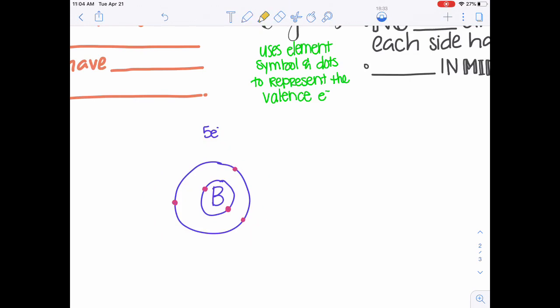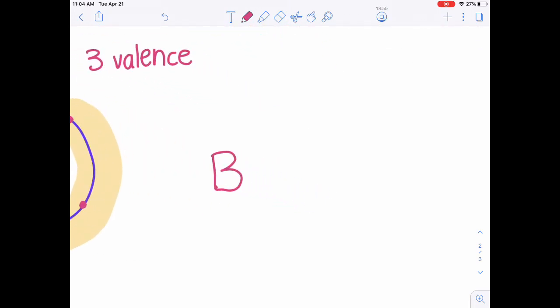And we are only going to focus on the valence electrons, those on the outside, which means that boron has 3 valence electrons. And once we know that, we can do the dot diagram. So the dot diagram is the symbol and then 3 dots.